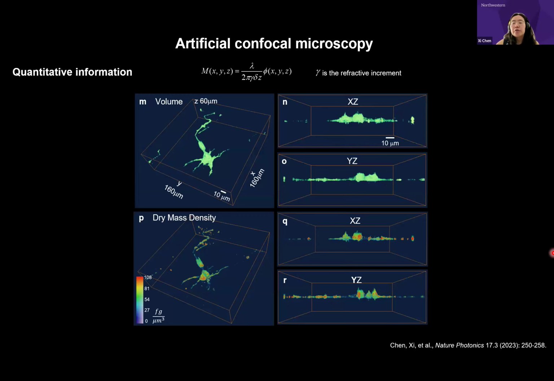Now we can move on to the unknown sample. For QPI, another thing is that we can use the QPI information to retrieve the dry mass information. This is the dry mass information retrieved by QPI, together with the fluorescence images generated by the ACM method. We can look at the volume of the cell, and we can also look at the dry mass density of the cell.